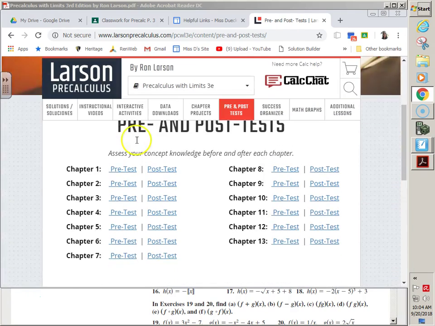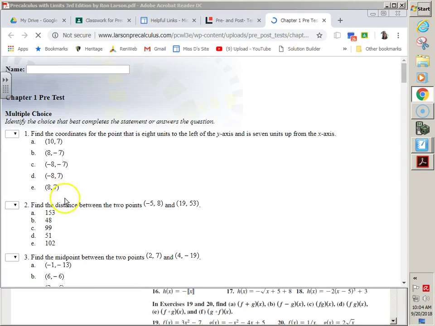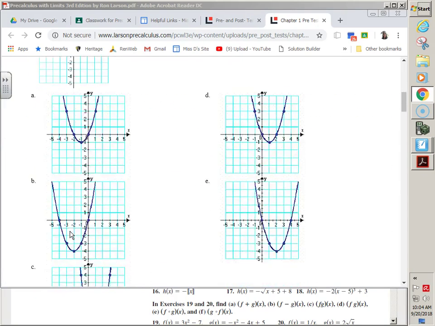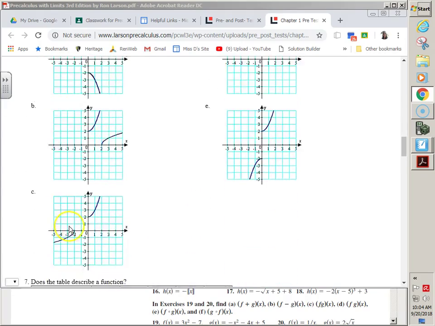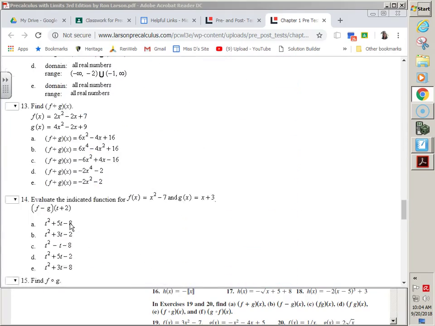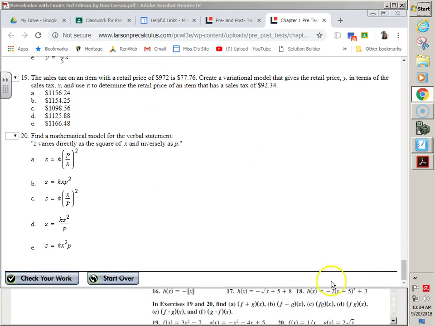Pre and post test. We can actually go to Chapter 1 and do a pre-test where you have multiple choice questions generated by the people that made our very book. You can choose how many you want to try, and at the end you can grade it and see how you did, and then have some new problems to try to figure out the right answers to if you got them wrong.